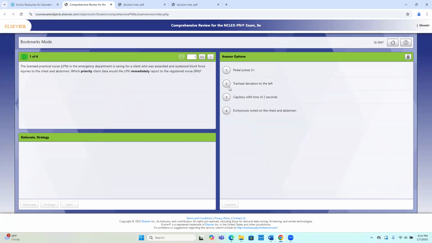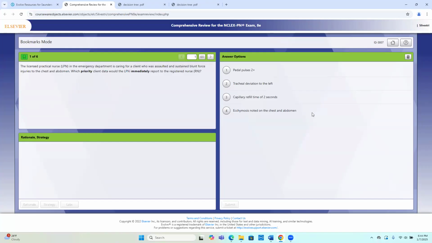Tracheal deviation to the left is related to what? Airway. Capillary refill time of 2 seconds is circulation. Ecchymosis noted on the chest and abdomen is not related to ABC, so we can get rid of that one. So now we're down to 3 answer choices, okay?